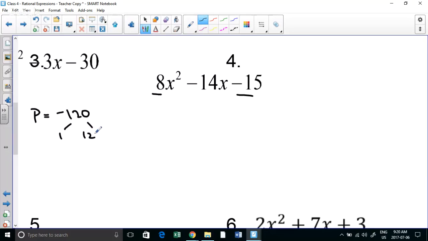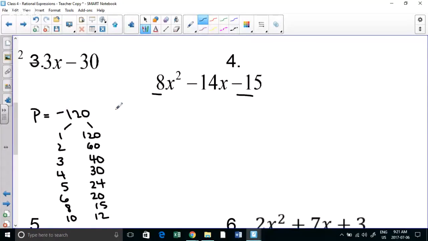Never forgetting 1. 2 and 60. 3 and 40. 4 and 30. 5 and 24. 6 and 20, 7, no. 8 and 15. 9, no. 10, no. Cool. A product of negative 120. The sum here is negative 14.